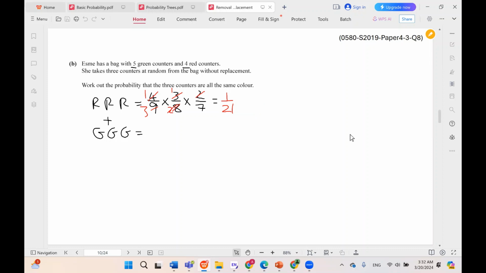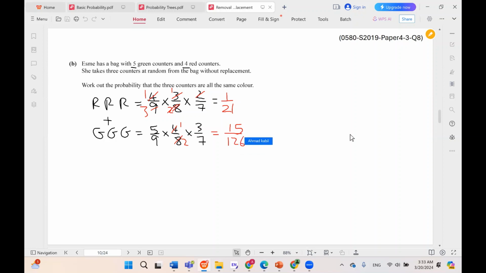Now for green, we have 5 over 9, and then 4 over 8, and then 3 over 7. So in this case, again, the 8 and the 4 gives 1 and 2. And there is nothing else to simplify, so we have 15 divided by 9 times 2 times 7. 9 times 2 times 7 gives us 126.